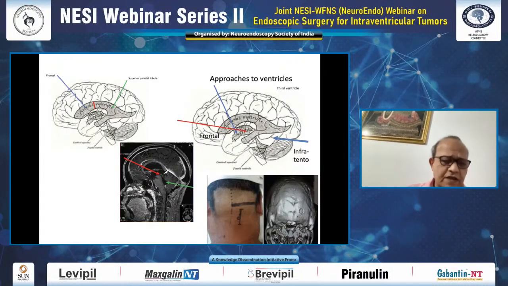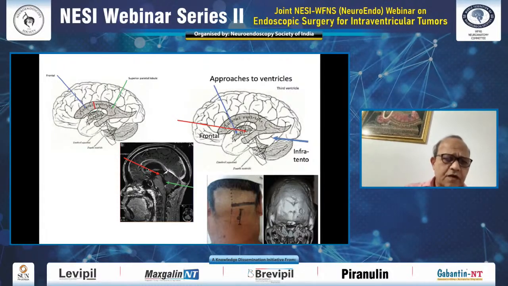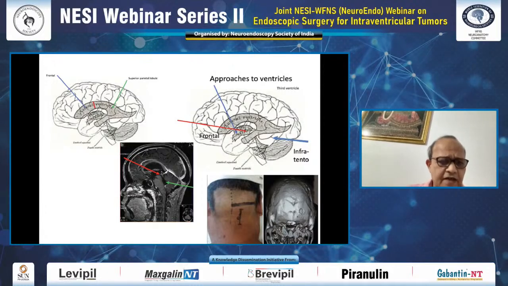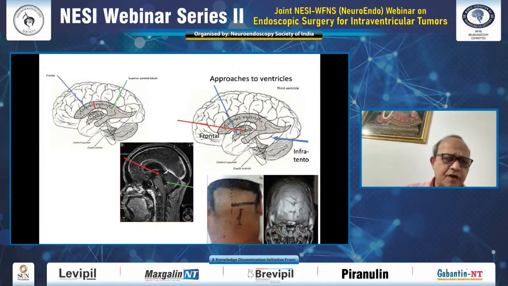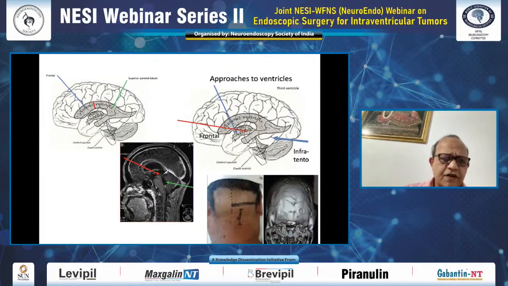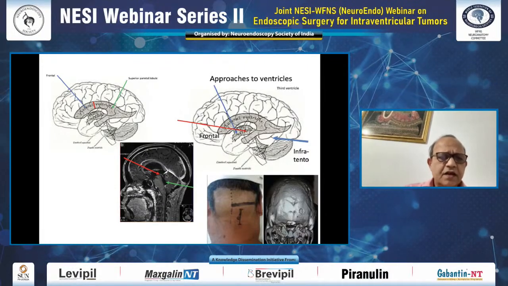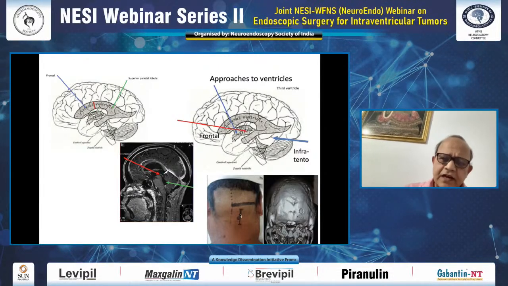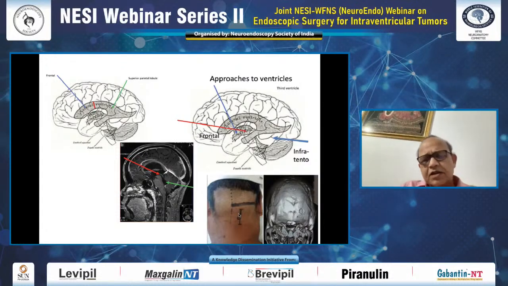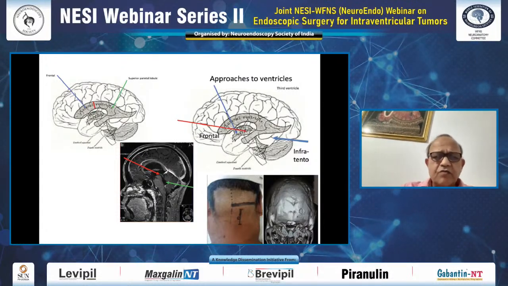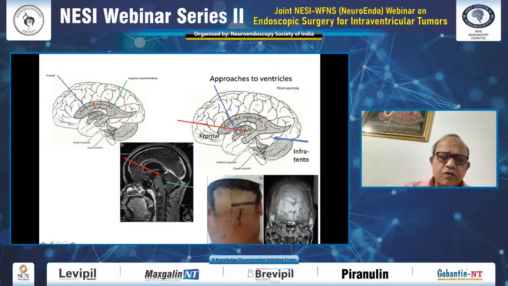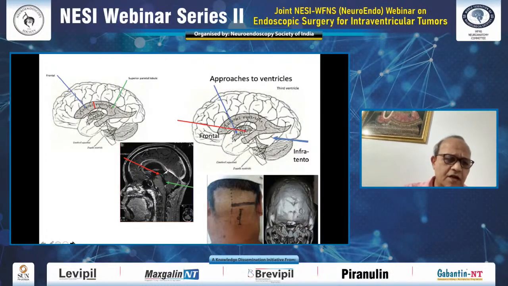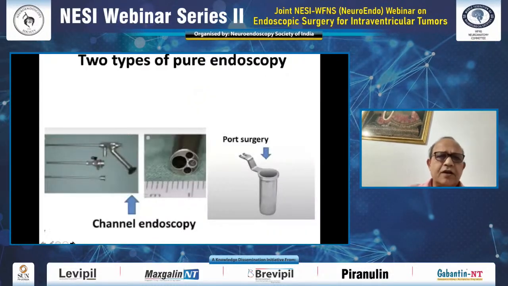Regarding the fourth ventricle tumor, if the aqueduct is dilated, then one can use flexible scope, but it is difficult except in cystic lesion and when the aqueduct is dilated. But one can also have a direct approach, transcortical or transcerebellar approach, when there is a large tumor, which we have used in some patients. So this also can be done endoscopically using a tubular retractor.